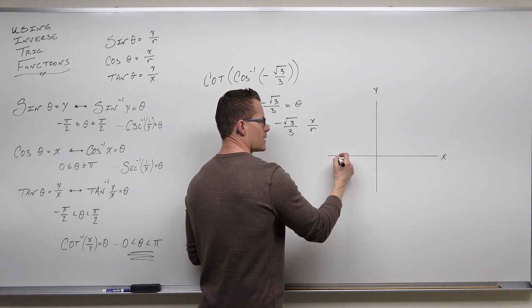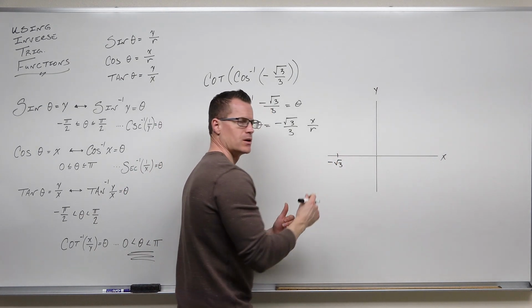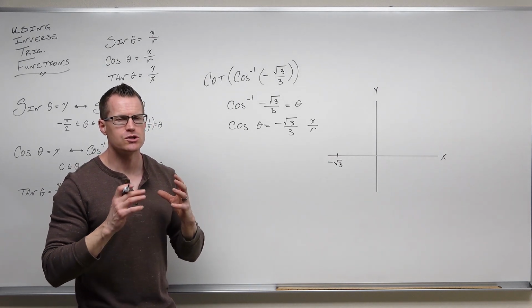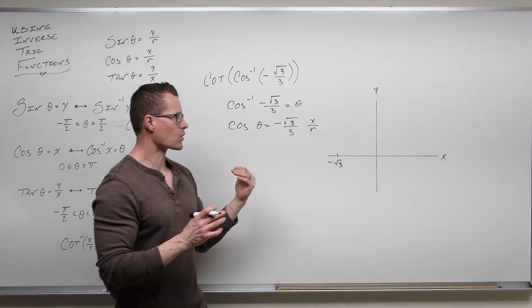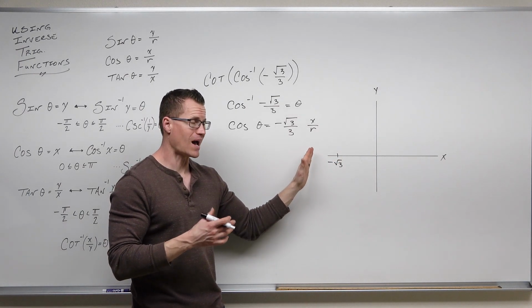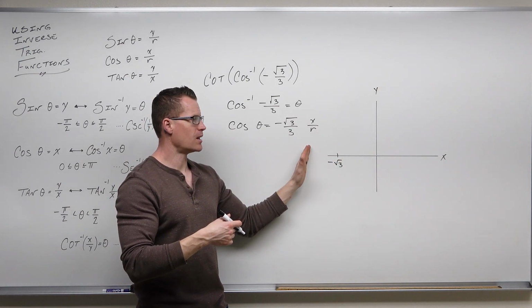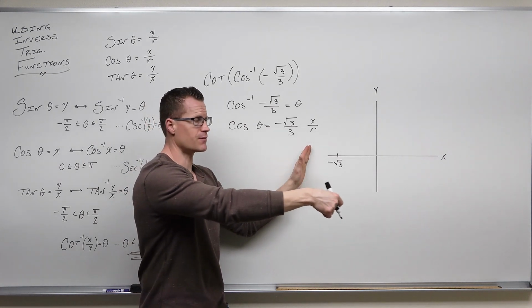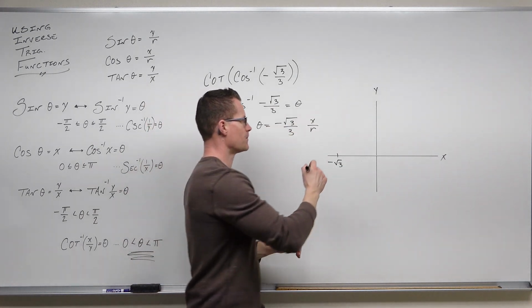So let's do negative square root 3. We don't have to be really to scale here. You just need to know your quadrant. So our quadrant is, because x is negative, I'm on this half of my xy coordinate plane. And because of that, I know that cosine inverse is only 0 to pi. It's got to be up here.